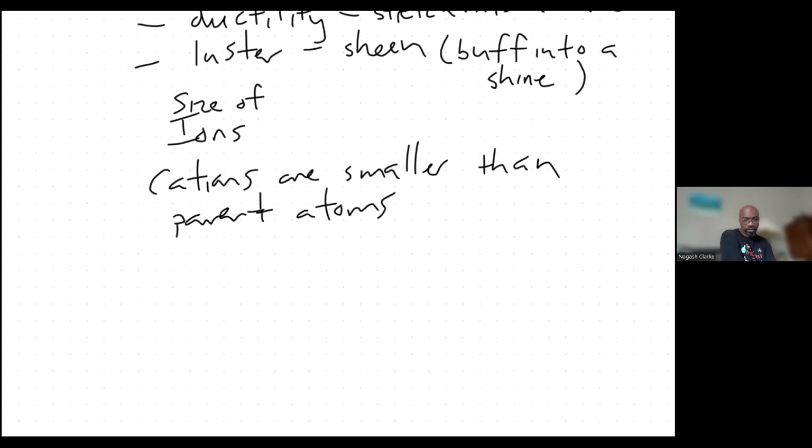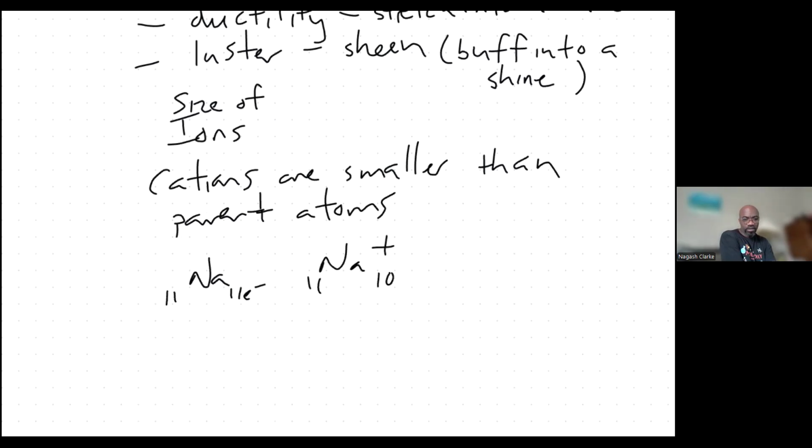Think of sodium, for example, Na plus. Sodium has 11 protons and 11 electrons. The sodium ion has 11 protons and 10 electrons.